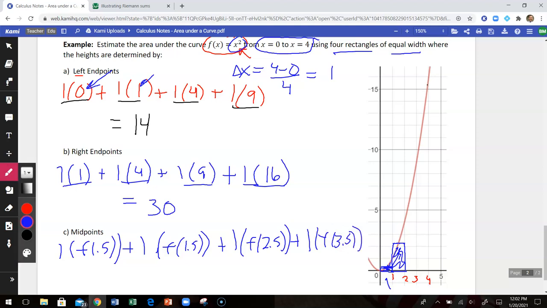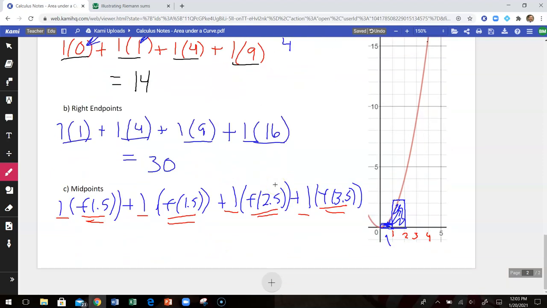So what's that saying? That's saying that my width every time is 1, and my height is determined by the function's value at 0.5, the function's value at 1.5, at 2.5, and 3.5. Those are all of my midpoints of my intervals.